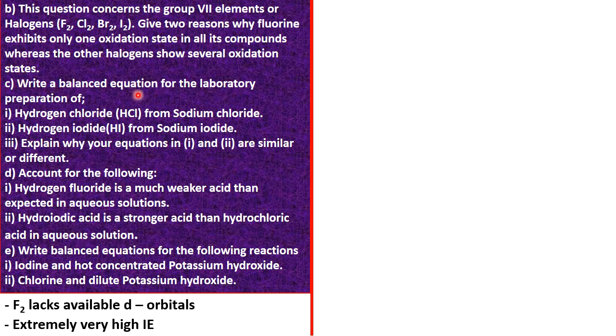Okay. The next part wants us to write the balanced chemical equation to show the separation of hydrogen chloride from sodium chloride and hydrogen iodide from sodium iodide. Great. Let's start with sodium chloride. We simply need to take any metal chloride such as what has been provided and react it with H2SO4, namely concentrated sulfuric acid.